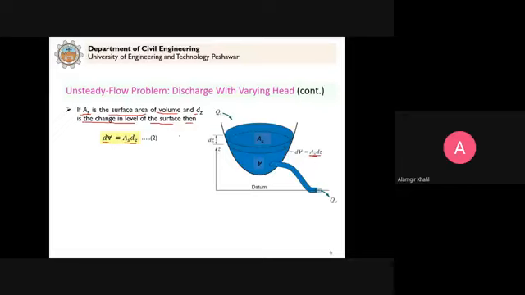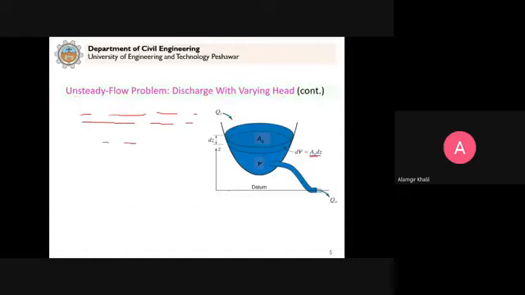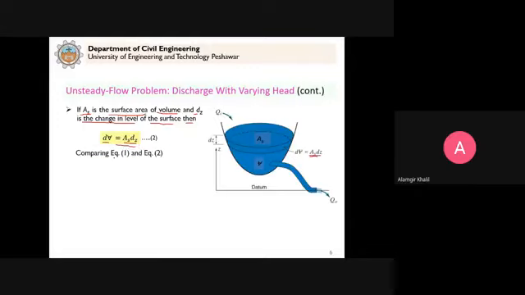Clear? Now we have equation 1 giving the change in volume, and equation 2 also giving it, so we can compare. When the left hand sides of equations 1 and 2 are equal, the right hand sides can be compared. So we get AS into dz is equal to Qi dt minus Q naught dt.